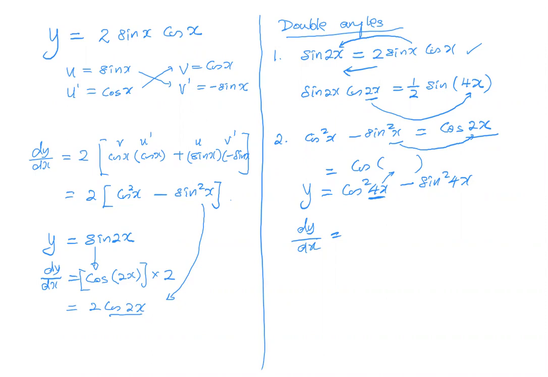Hello? Double or 4? 8x. Correct? So I turn this to cos 8x. So you differentiate cos, you get negative sin, then times 8. Done. So this double angle, you better remember.